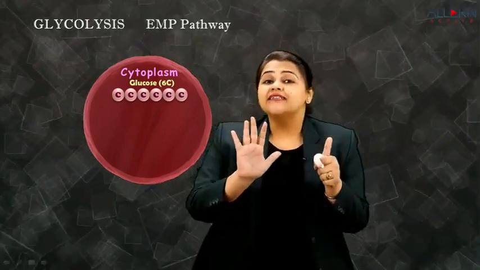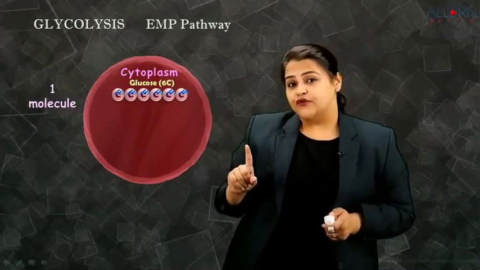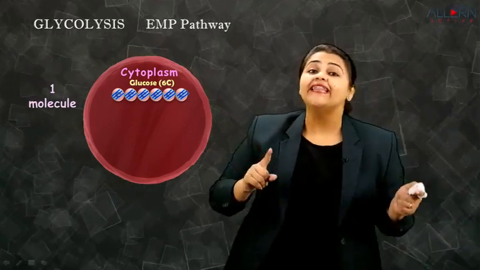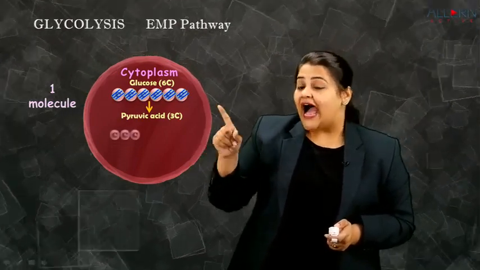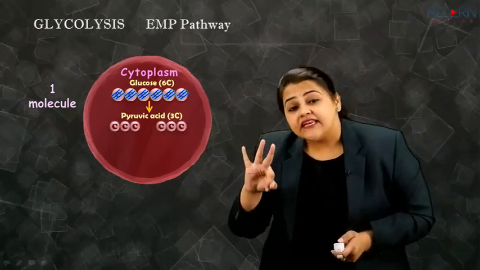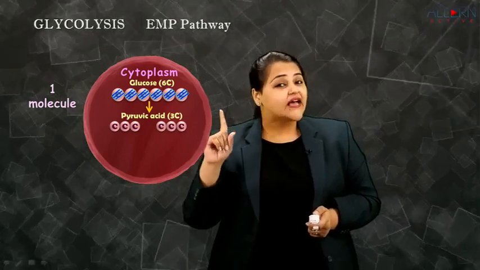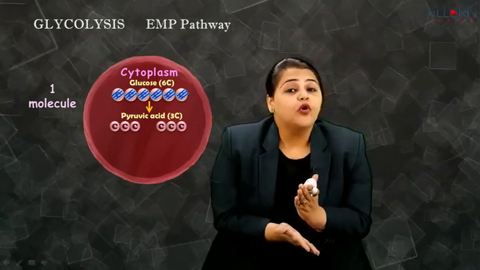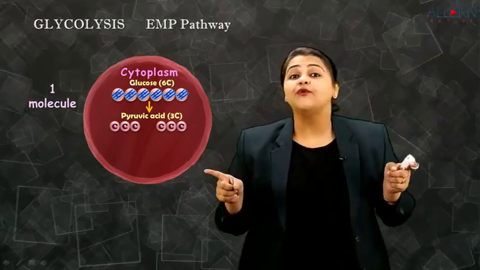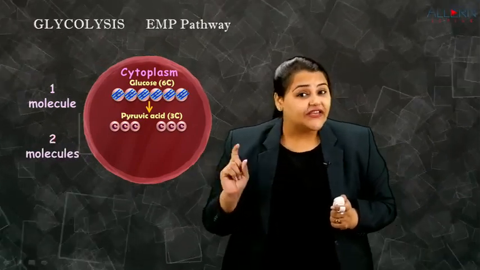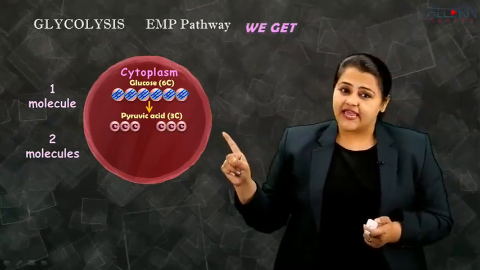Now one molecule of this 6-carbon glucose will be broken down in the presence of oxygen to give us pyruvic acid, and this pyruvic acid is a 3-carbon molecule. The 6-carbon glucose will be broken down into exactly half, that's 3-carbon pyruvic acid, 3-carbon pyruvic acid. How many molecules did we get? We got 2 molecules.